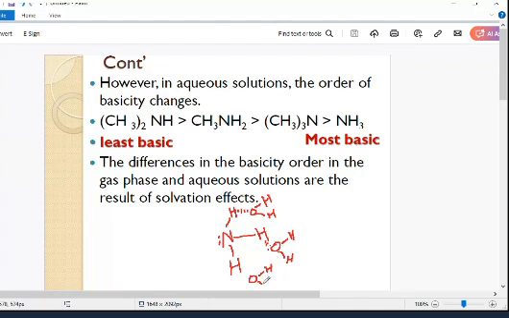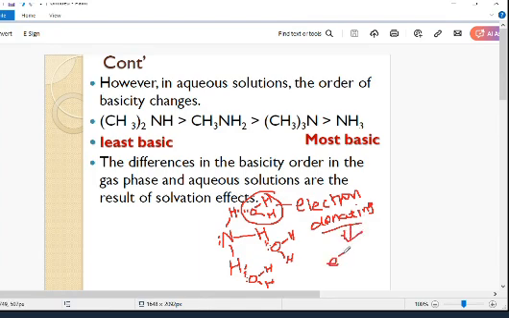Like that, we have that force of attraction. So in the process, you are introducing this electron donating. These are what we call the electron donating groups. And remember what we have said about electron donating: they increase the electron density.